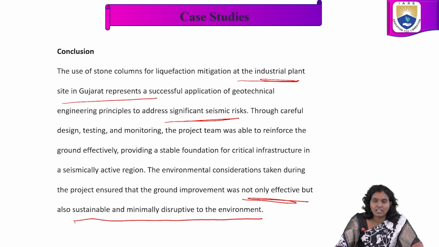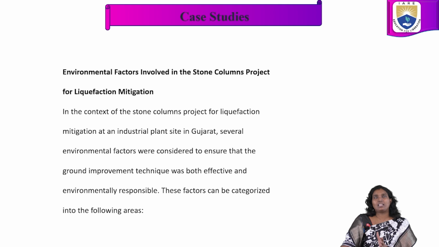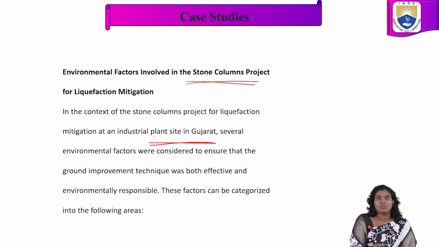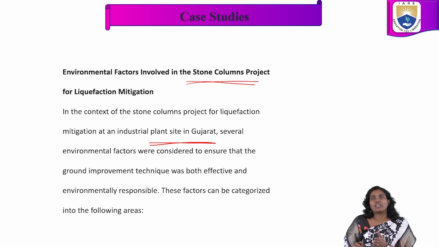Now we understand how it is environmentally. What are the factors involved environmentally in this particular stone column project for liquefaction mitigation? In the context of the stone column project for liquefaction mitigation at the industrial plant site at Gujarat, several environmental factors were considered to assure that the ground improvement technique was both effective and environmentally responsible.